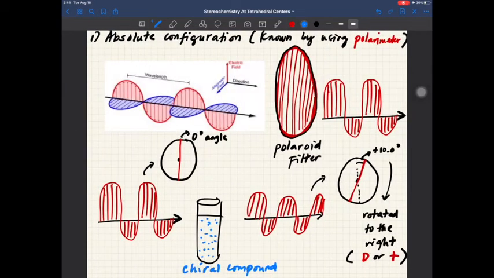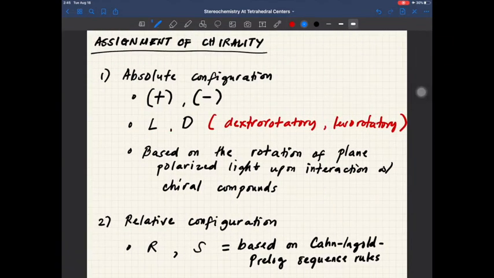First, let's talk about absolute configuration. As given by the definition, it refers to the rotation of plane polarized light upon interaction with chiral compounds. In this definition, we have to take note of two terms. The first term is rotation and the second term is plane polarized light. So basically, what is plane polarized light?